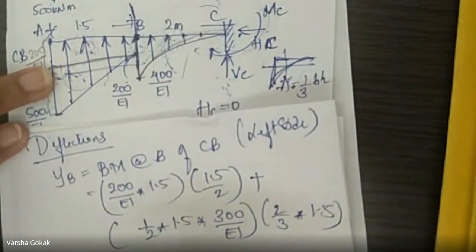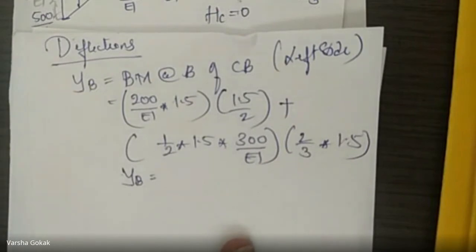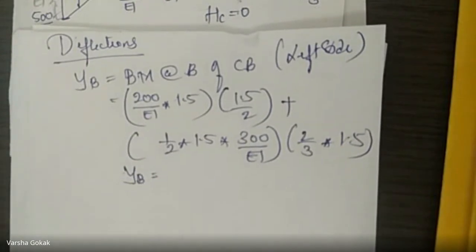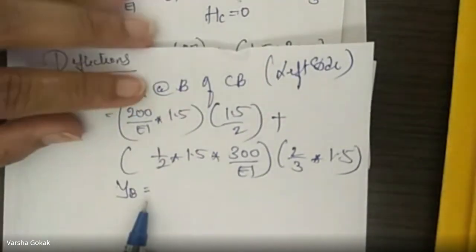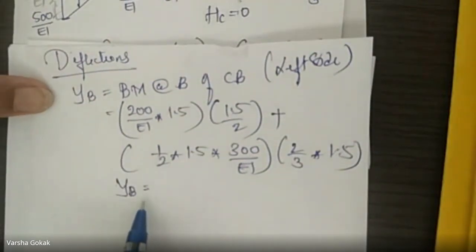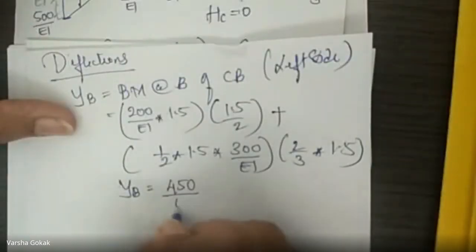Get me the value of YB, please. What is the value of YB? 450. Correct, 450 by EI.